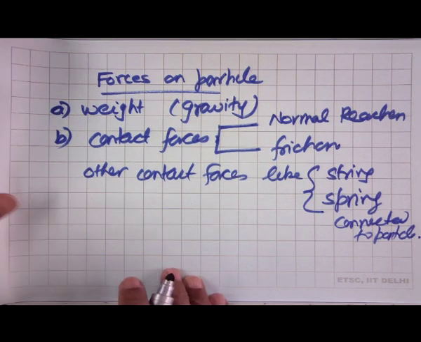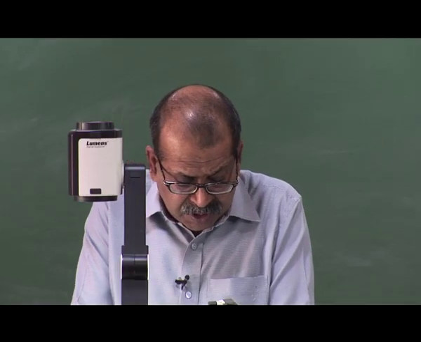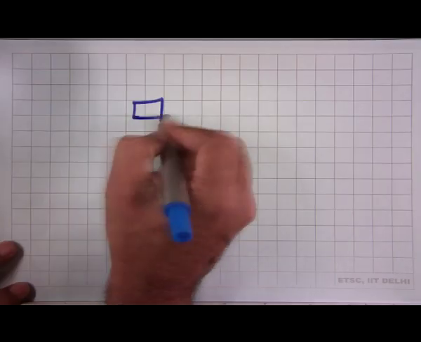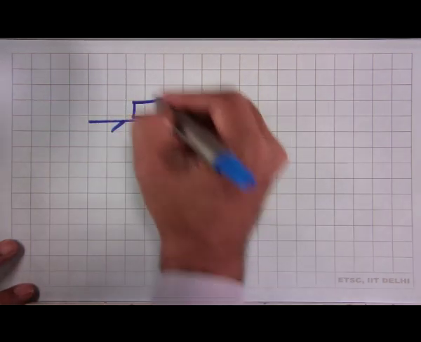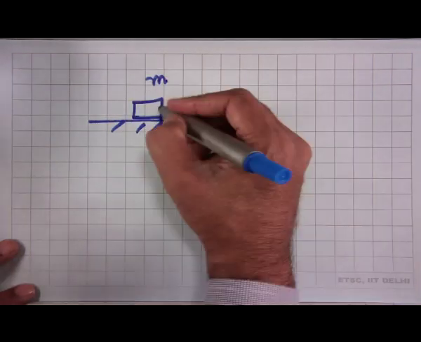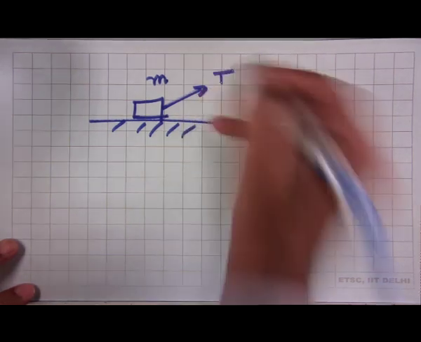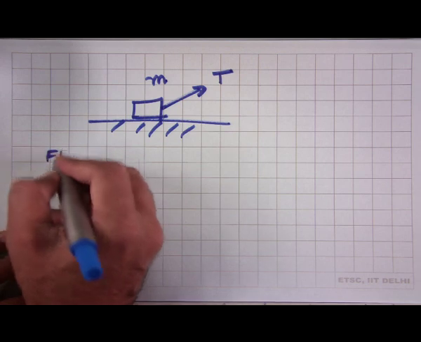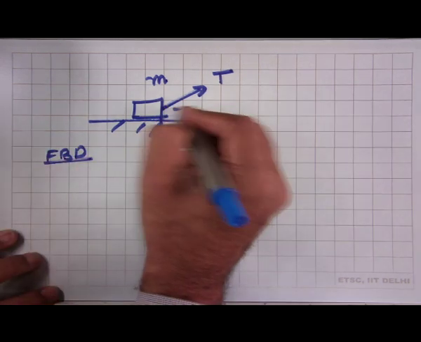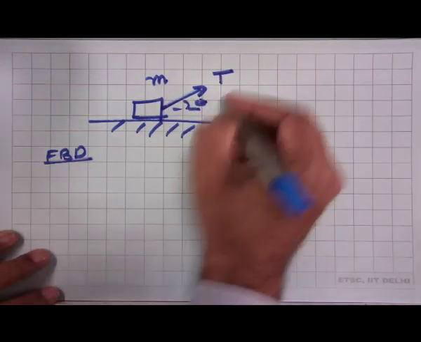So, as we have seen, for example, we had this block on a table, the block has a mass m, and there is a string which is pulling this with a tension T. Let us say this angle is theta.